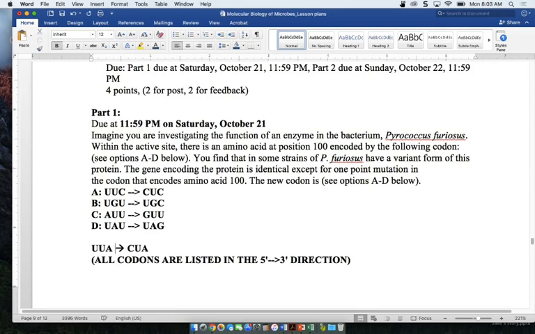All right, there's our codon code. What's UUC? Phe, phenylalanine. And then CUC?